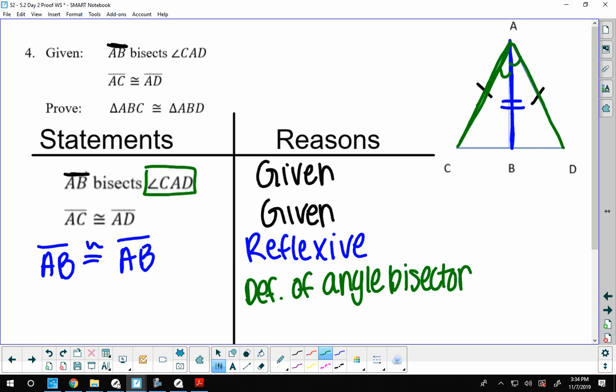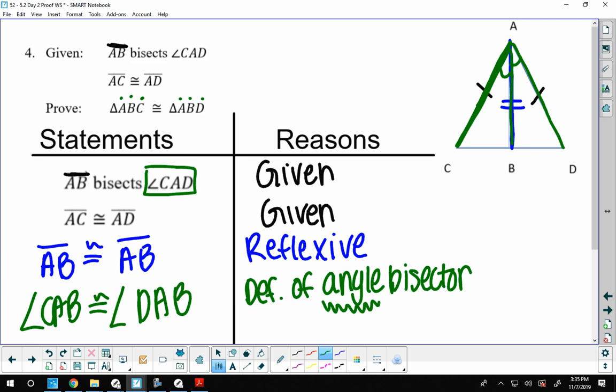So now we just need to name those angles, right? If you are going to write definition of angle bisector, then you better have an angle is congruent to an angle. Okay, don't write segments and say definition of angle bisector or vice versa. That doesn't work. So this half is angle CAB. And that is, so angle CAB is congruent to angle DAB.